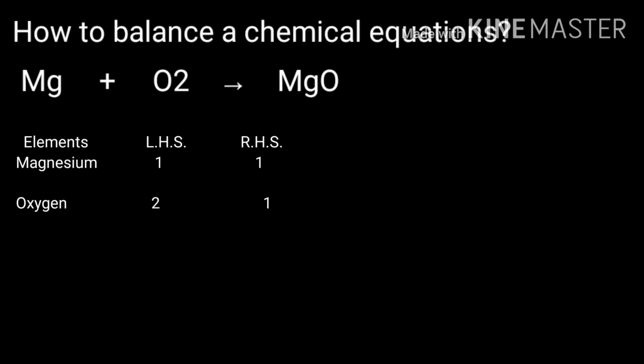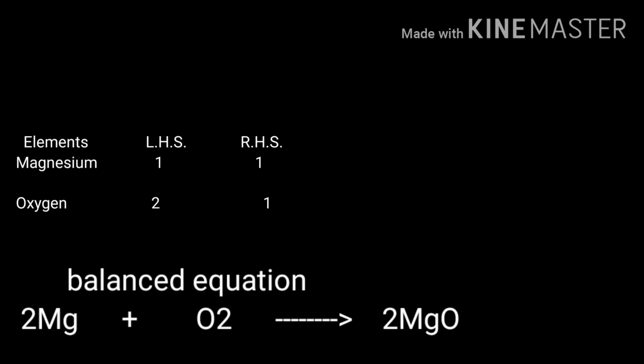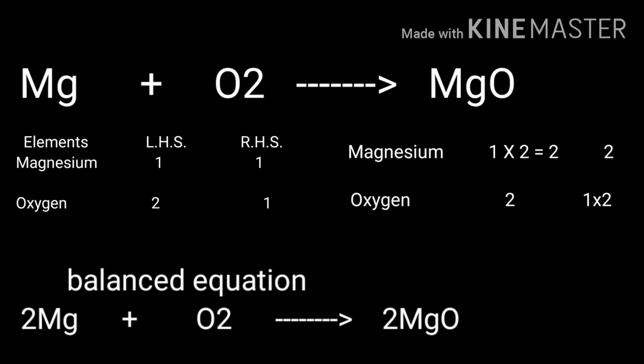In the second column we write the number of atoms on the left hand side, and in the third column the number of atoms on the right hand side. So we can see that there is one magnesium atom on the left hand side and one on the right hand side. It means the number of magnesium atoms is balanced on both sides.